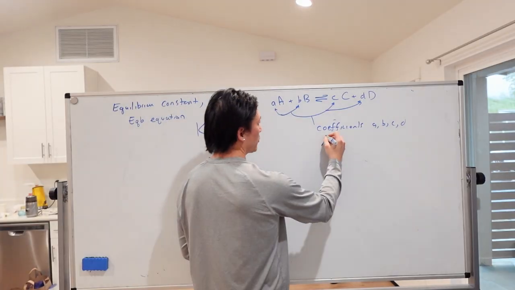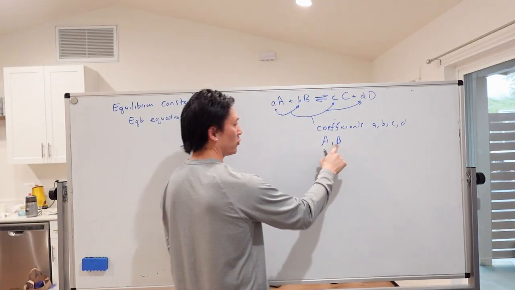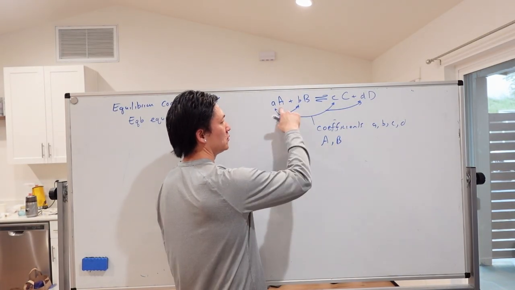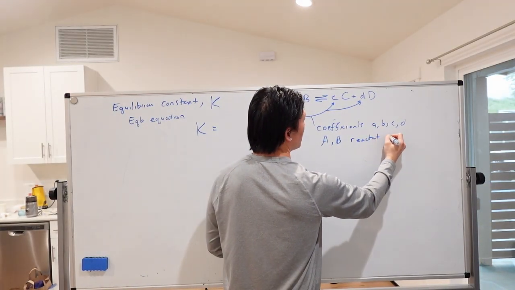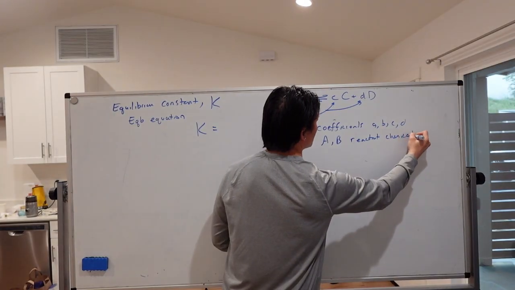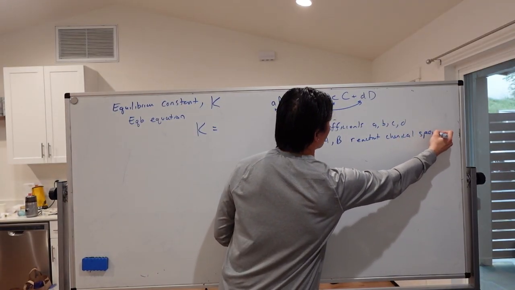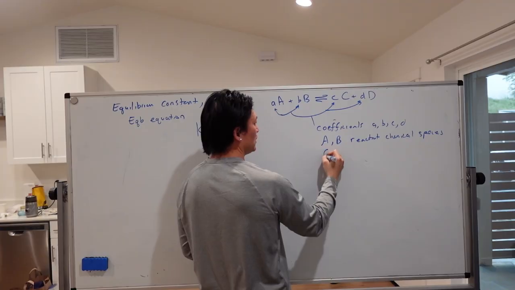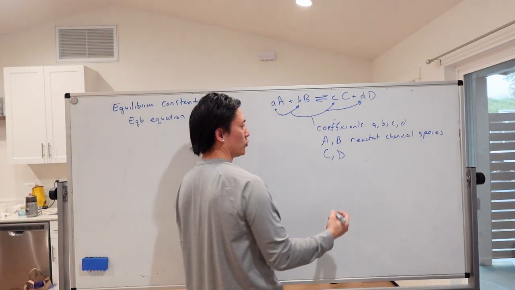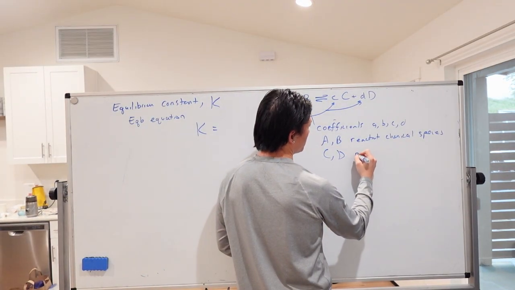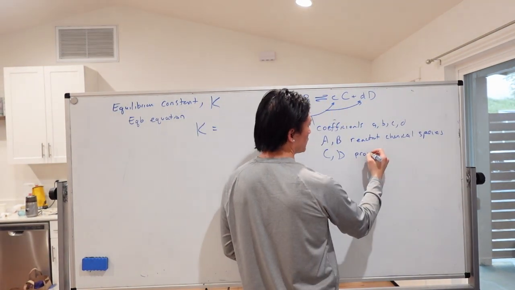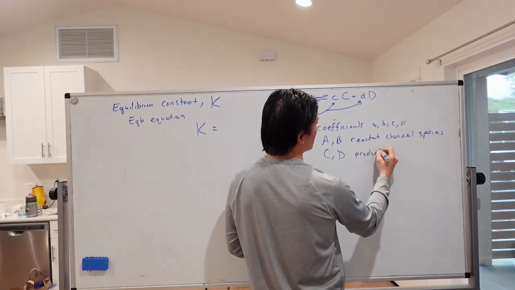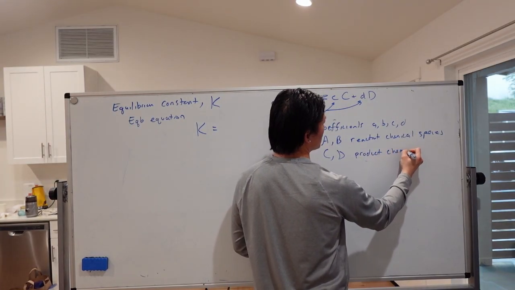The capital A and B are the reactant chemical species on the left side. And C and D are the product chemical species, because they're on the right side of this equilibrium arrows.